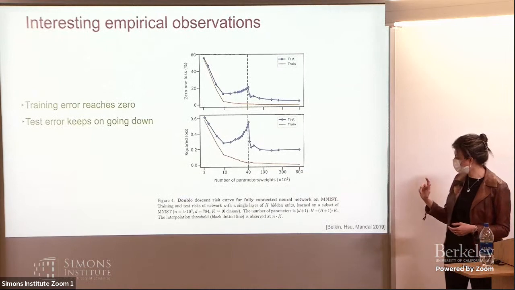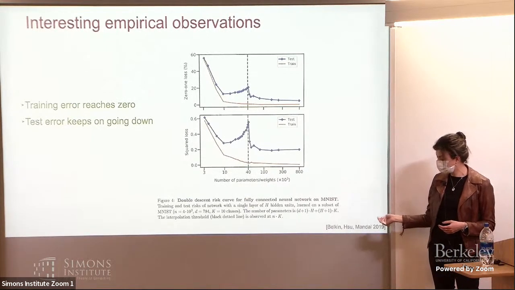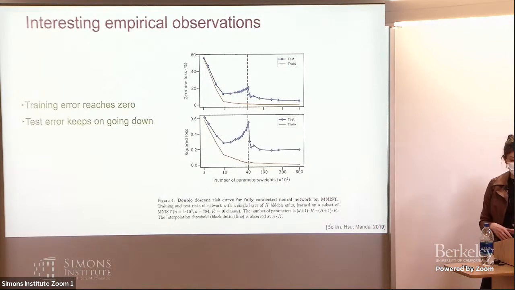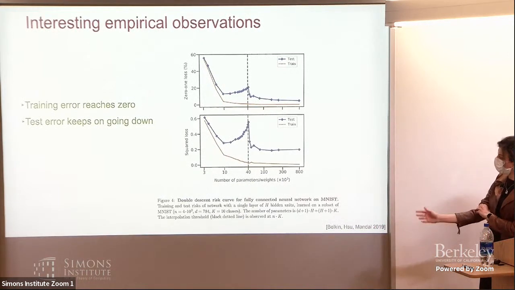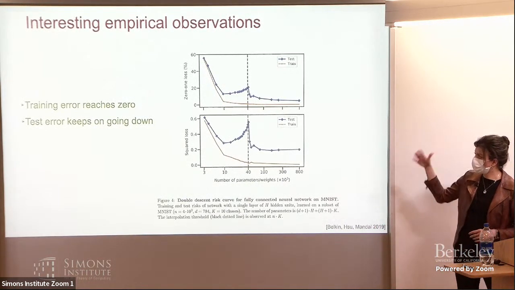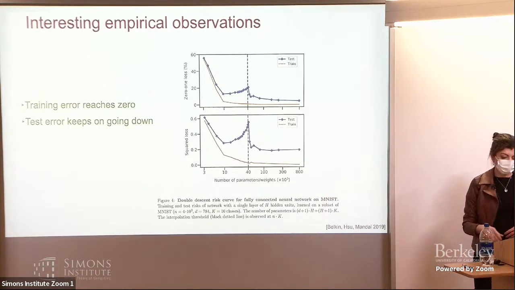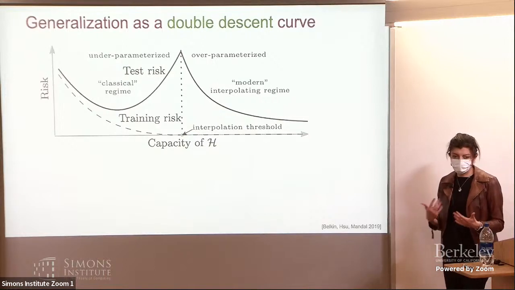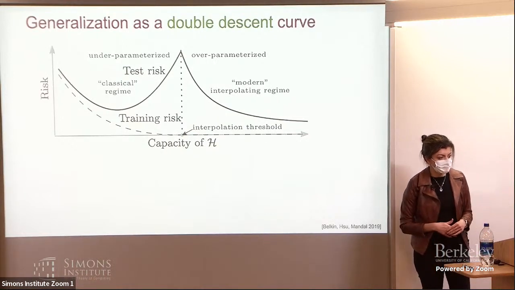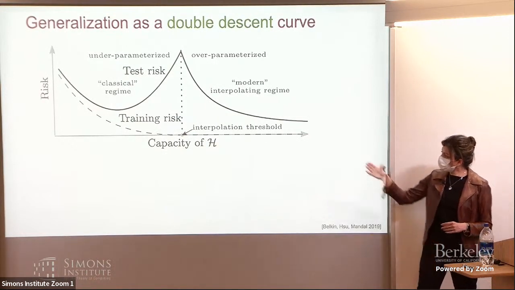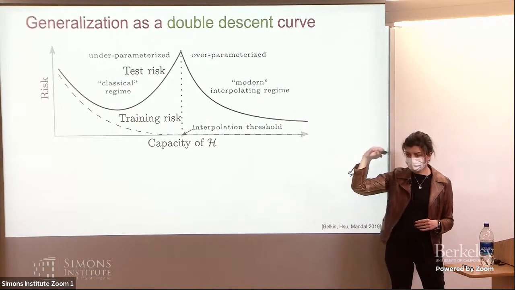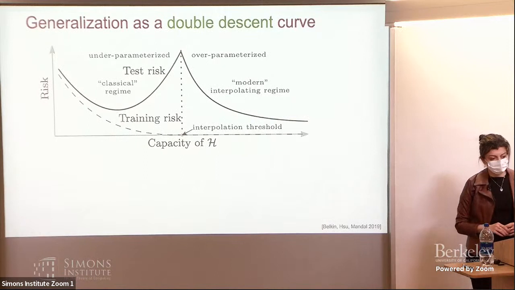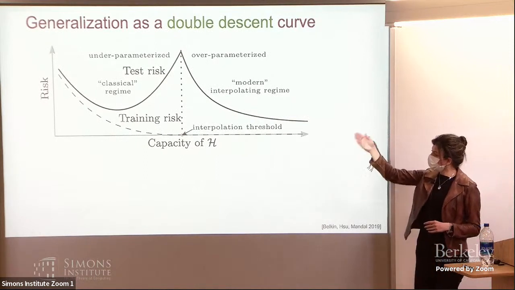Similar curves have been seen before. I'm going to talk a little bit about the double descent curve paper by Misha, that similar curves have been seen in other setups, where again the training error reaches zero and the test error keeps on going down. And this promoted the idea of the double descent curve, that the training loss is going to go down as the capacity of your class of functions increases, but the test error goes down and up.